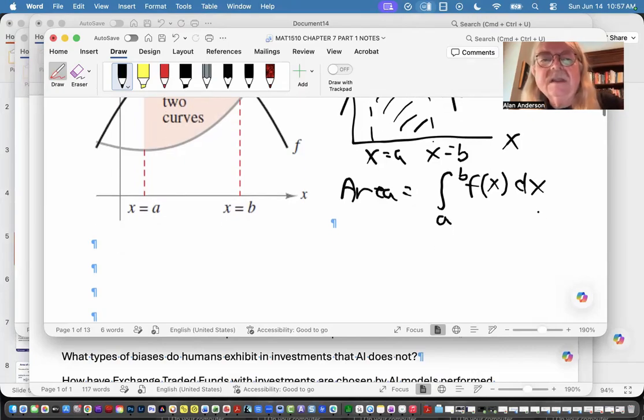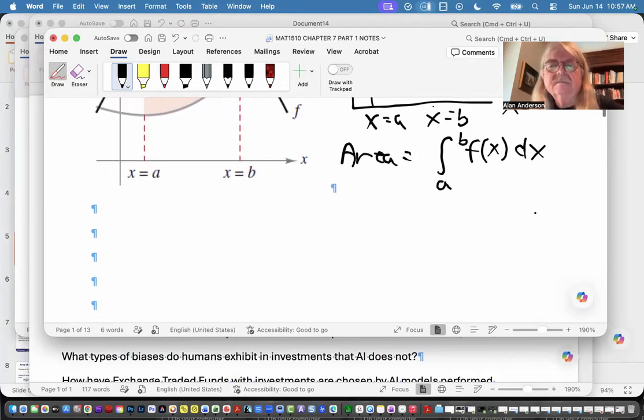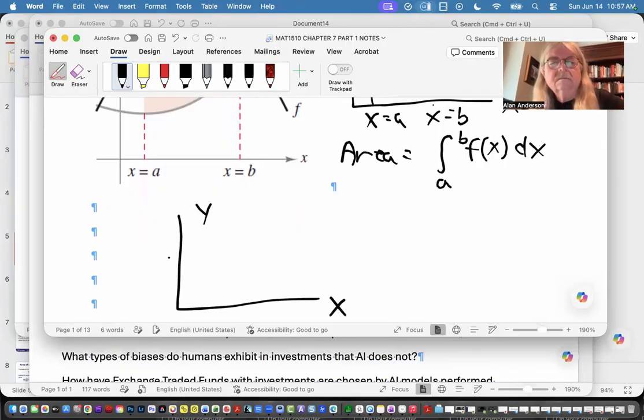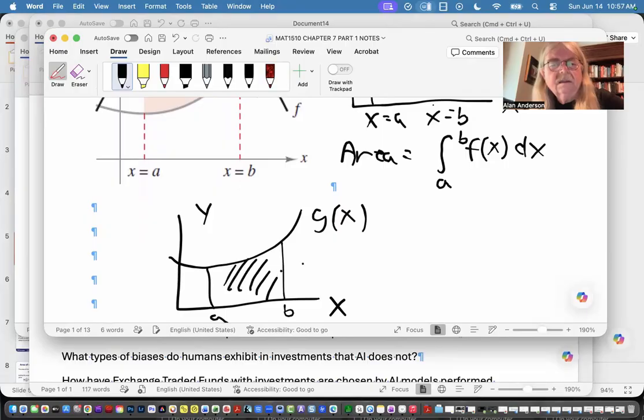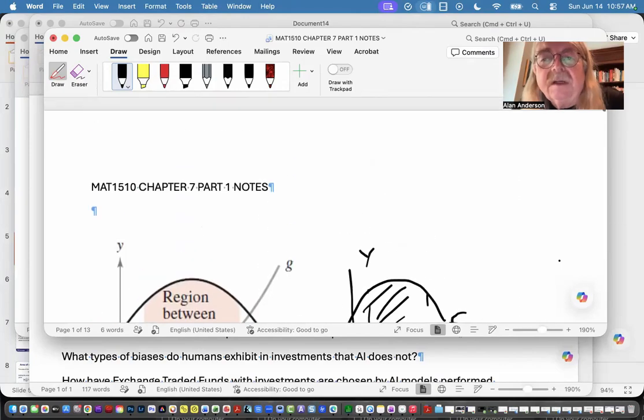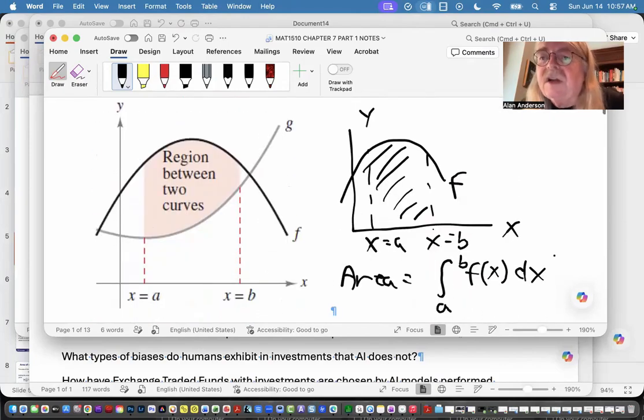Okay. Now, if we did the same thing for g, between a and b, the area would be the integral from a to b of g of x, of course. So basically, in terms of geometry, what we're going to do is take one and subtract the other.